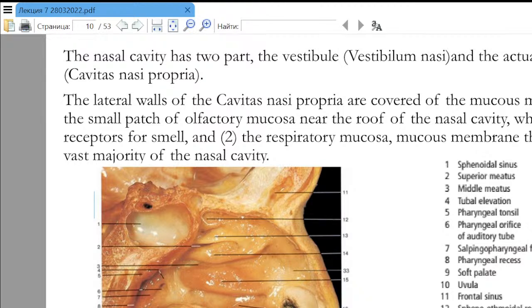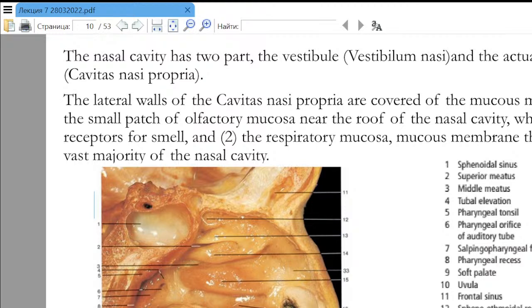And the respiratory mucosa, the mucous membrane that lines the vast majority of the nasal cavity. What you see: superior nasal concha, middle nasal concha, and inferior nasal concha.